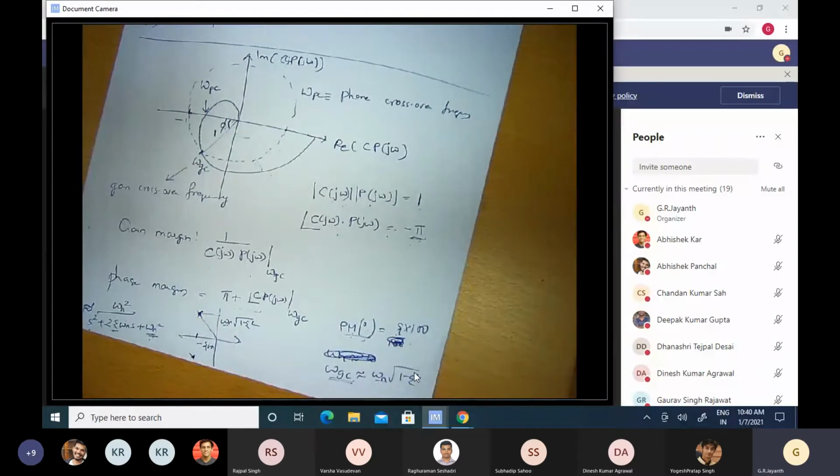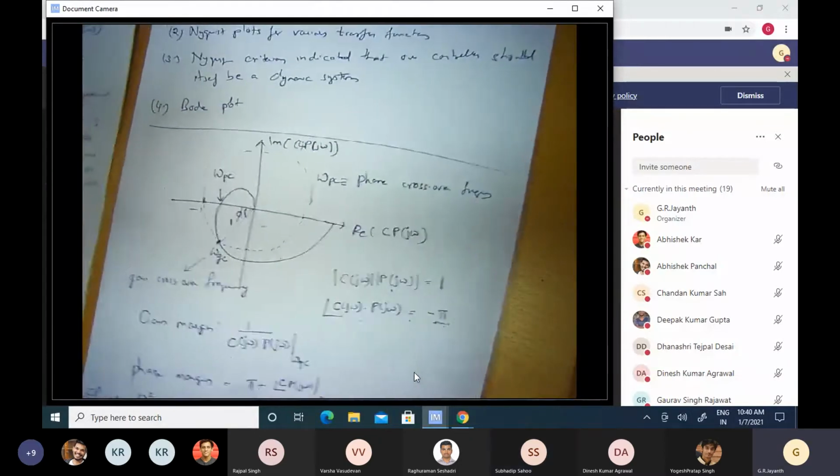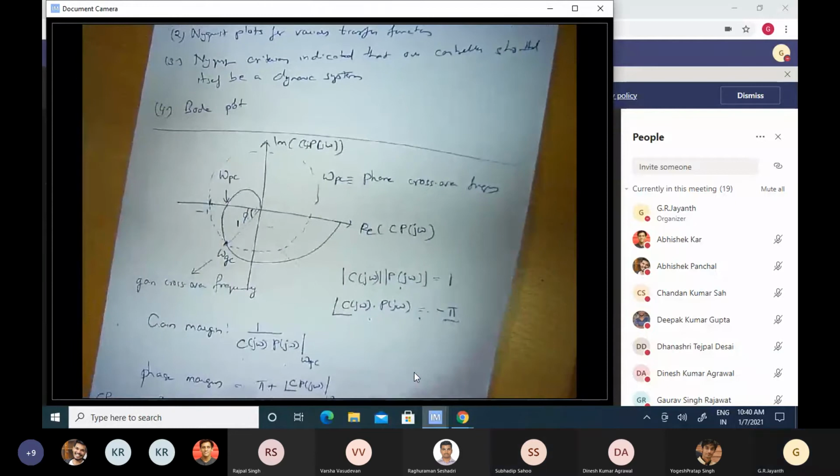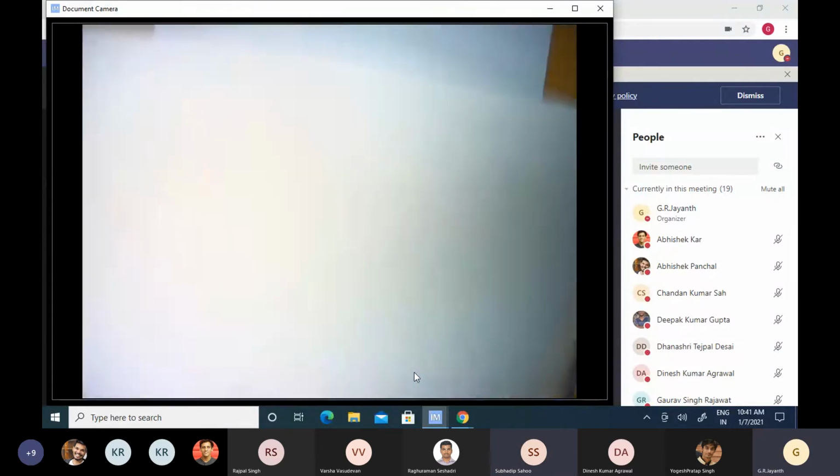We have to be sure that our open loop system has a certain minimum phase margin, so that our closed loop system has a certain minimum specified damping factor. With this we shall get going with the design of a feedback system. So let me just state the problem.